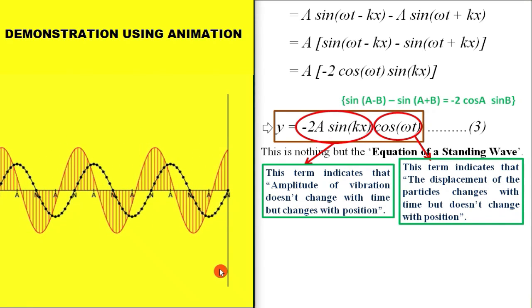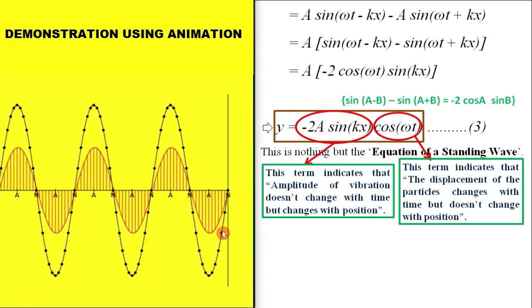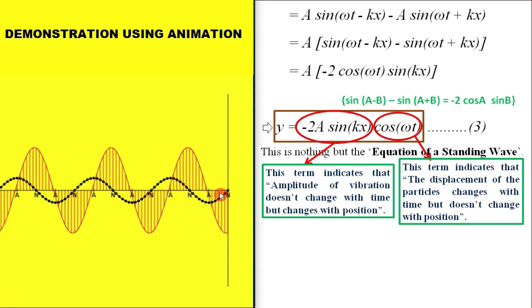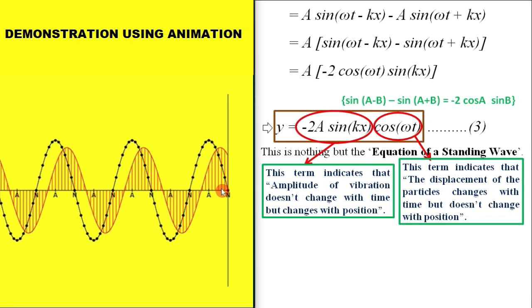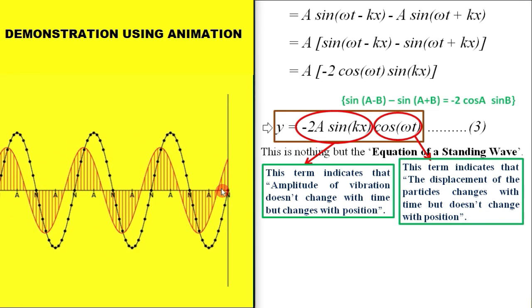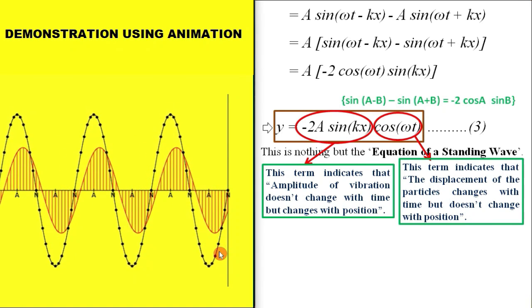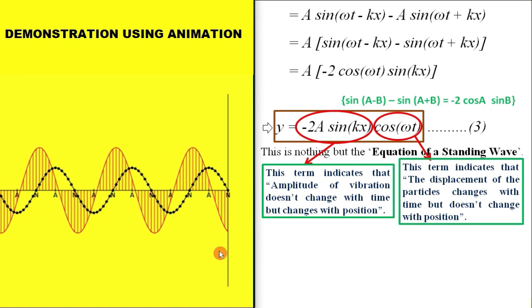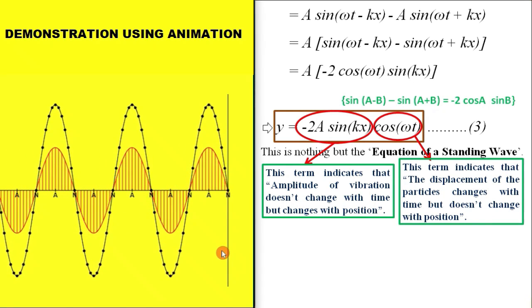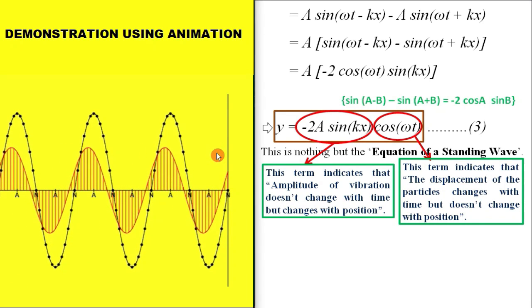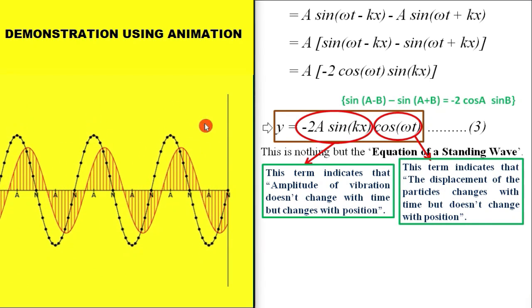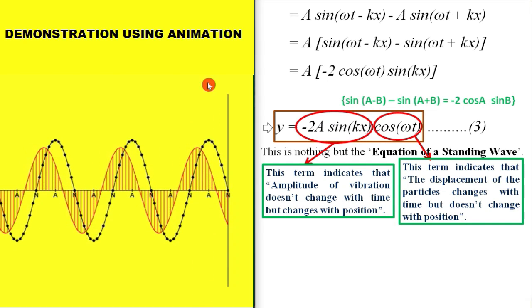Also you can watch another thing. If you watch this second particle from the right hand side, this particle has an amplitude of this much, every time coming like this from here to here. And the particle at the A point is every time coming like this.